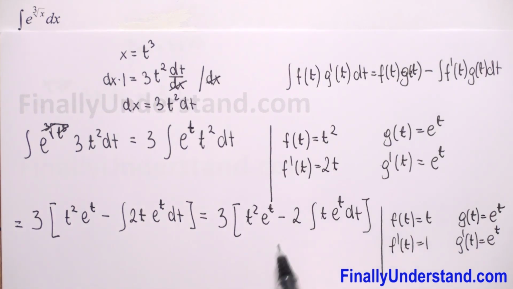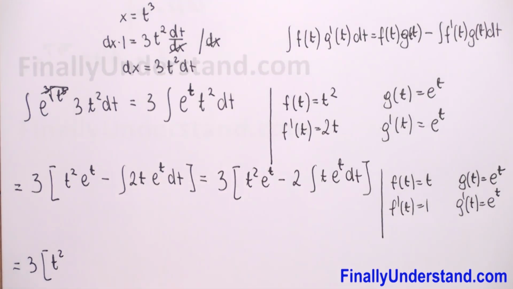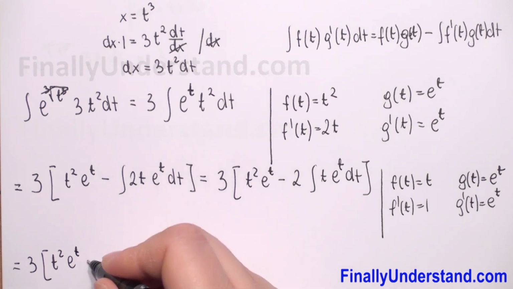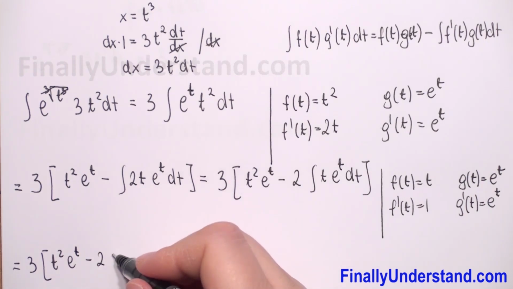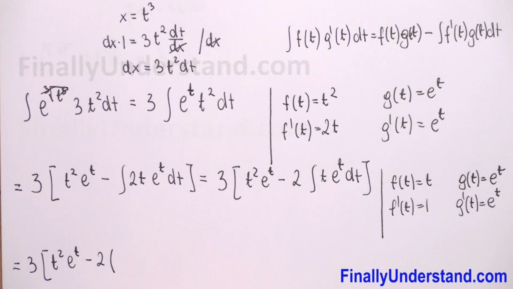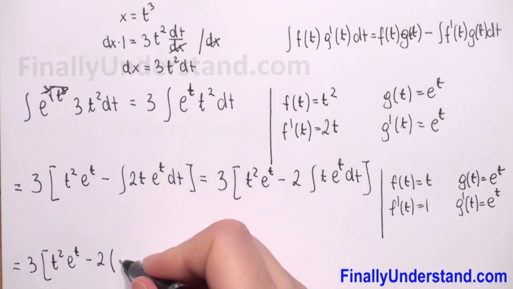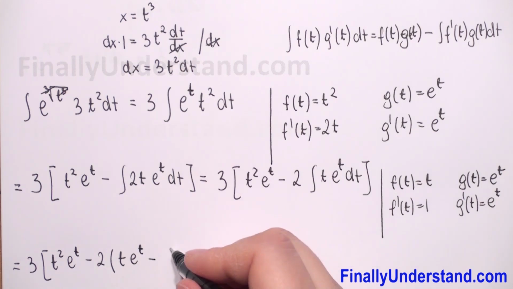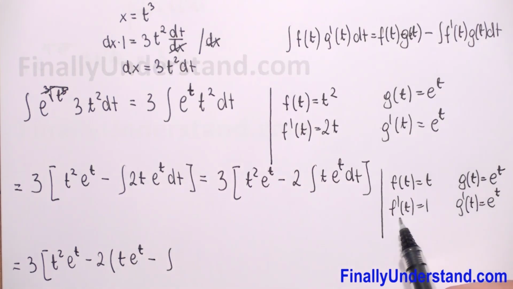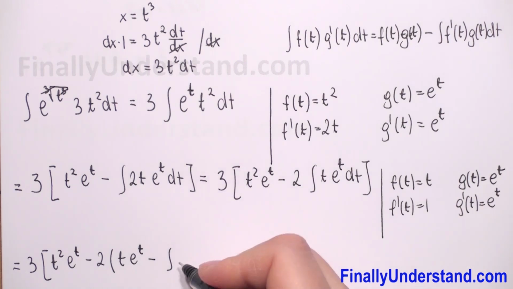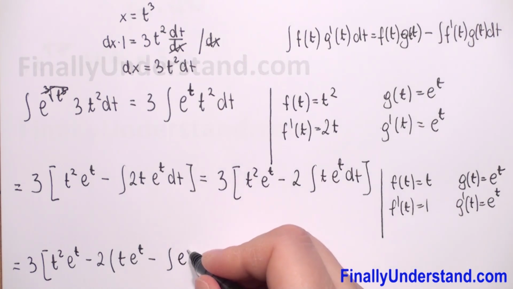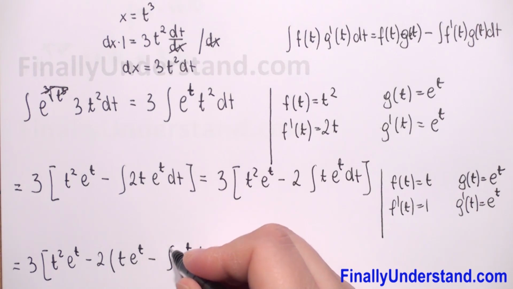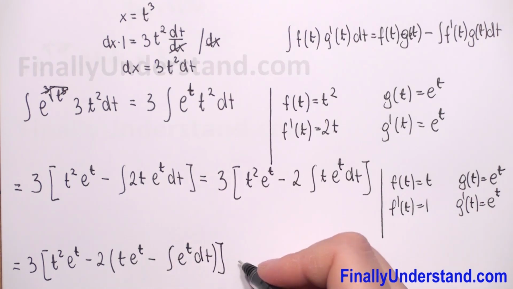So at the beginning we have to copy, we have 3, and in brackets we have t squared e to the power t minus 2, and we will put in parentheses f times g, so it will be t times e to the power t minus the integral of f prime, which is 1, times g, so it will be e to the power t with respect to t. Close parentheses, close brackets.